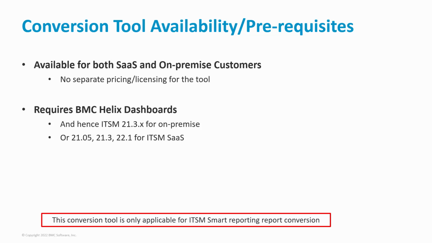But just want to remind you that Helix dashboard is available with the Converge platform, which means you need to be on ITSM 21.3 to use Helix dashboard when using ITSM on-premise, or ITSM 21.05, ITSM 21.3 or ITSM 22.1 when using ITSM in Helix SaaS. And last one on the slide, this conversion tool is applicable for ITSM Smart Reporting and not for TrueSight Smart Reporting.